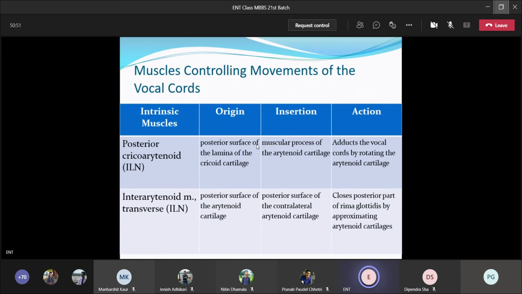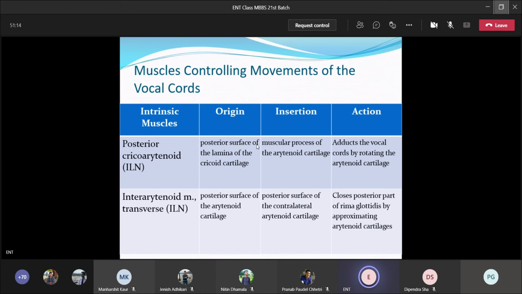And then another muscle is the transverse interarytenoid muscle: the origin is the posterior surface of the arytenoid cartilage. Insertion is the posterior surface of the contralateral arytenoid cartilage, and it closes the posterior part of the rima glottidis by approximating the arytenoid cartilages.